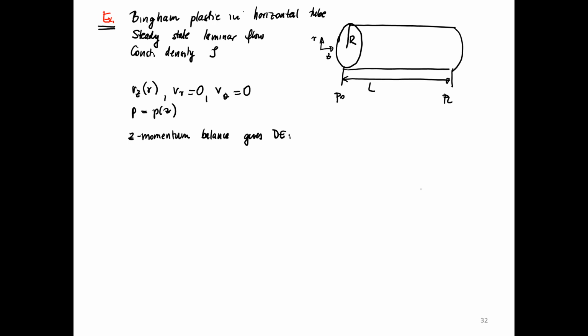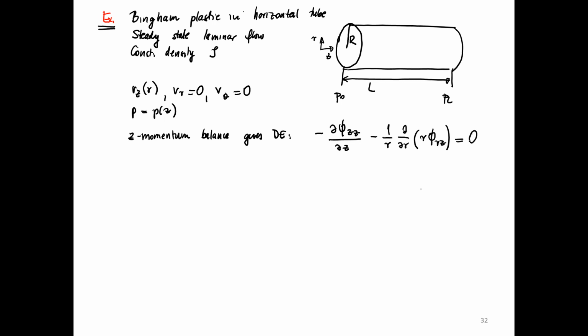I'm just writing dE, which is minus d phi ZZ dZ minus 1 over R d dR of R phi RZ is equal to 0.